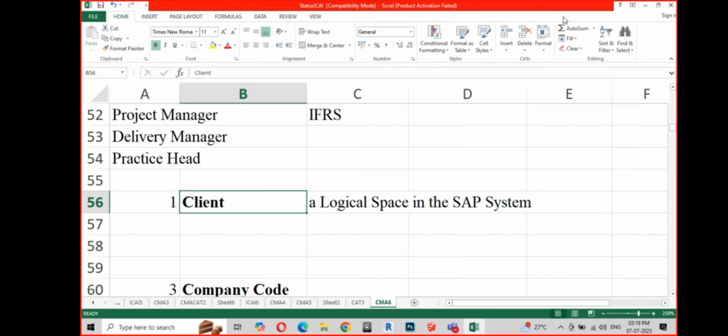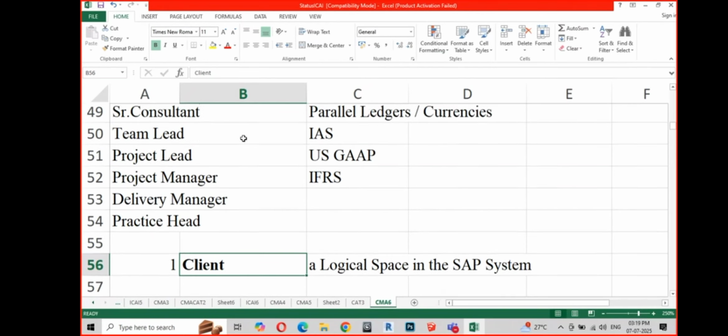Simply said, it is a very initial and very basic piece of information through which your data flows in the SAP system. I gave you an example as to how your reporting hierarchy takes place.